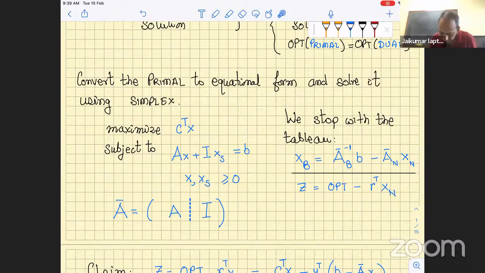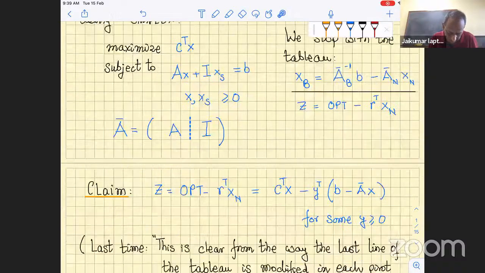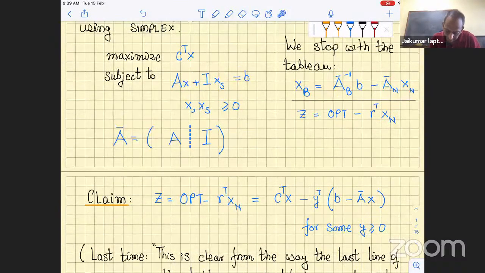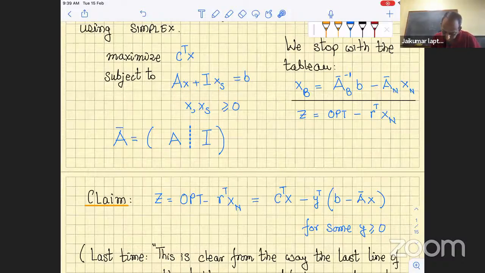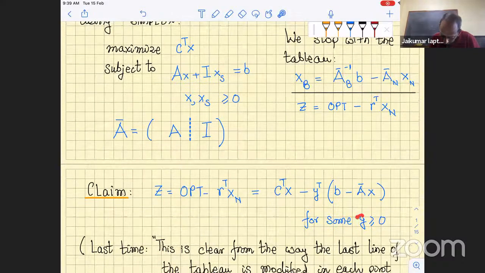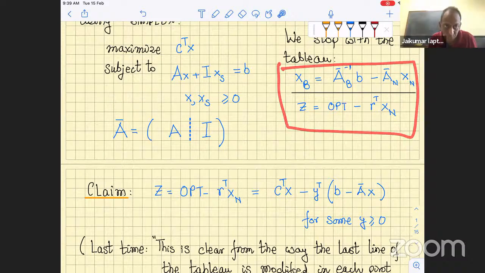Last time we checked that x_B and the optimum have this form. Now we are trying to extract a dual solution out of this situation that simplex brought us to, and we claim that there is some y.